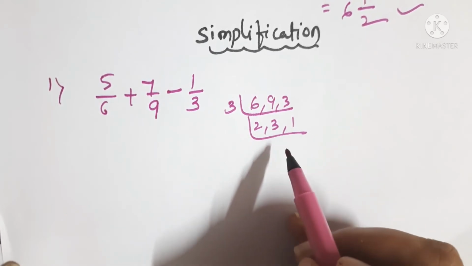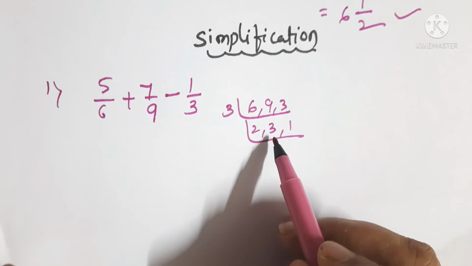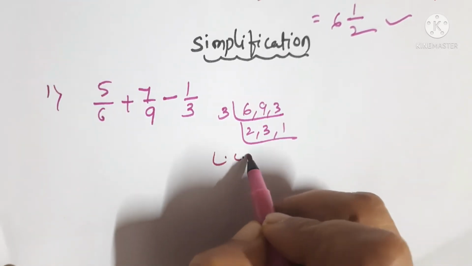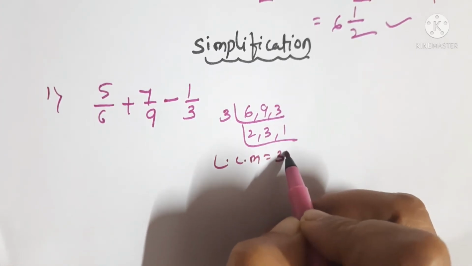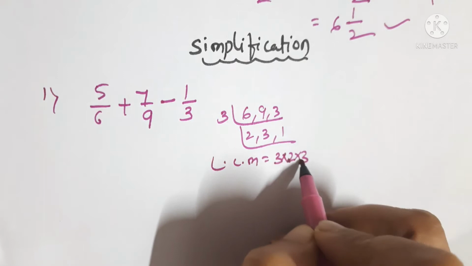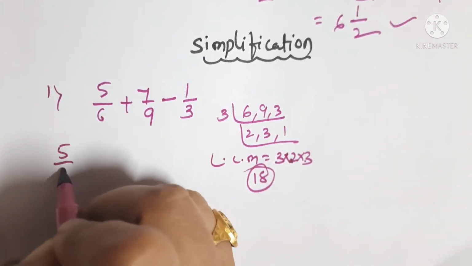No need to continue here, because 2 can be cancelled by 2 and 3 can be cancelled with 3. So the LCM is 3 into 2 into 3, which is 3 2s are 6, 6 3s are 18. 18 is your LCM.